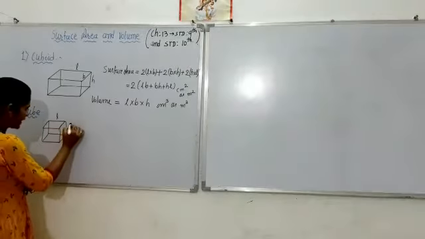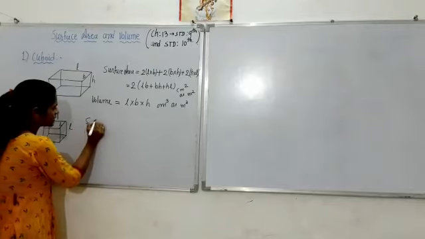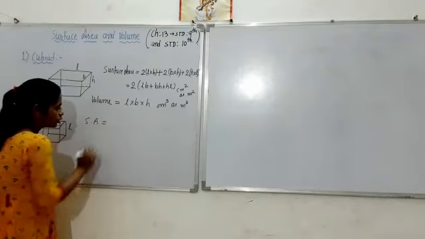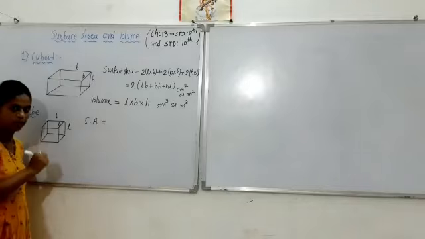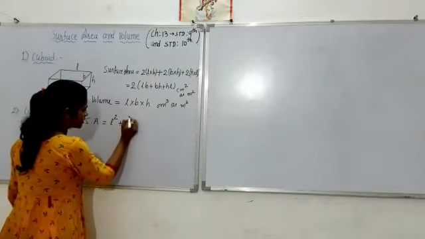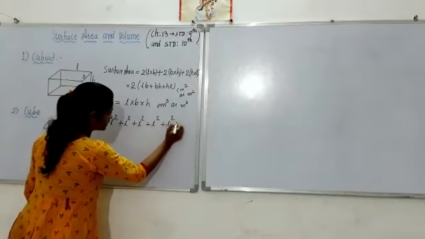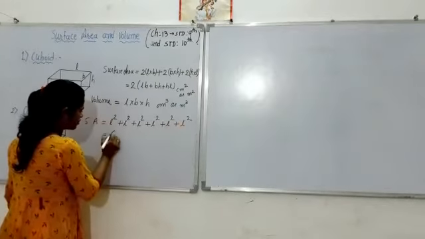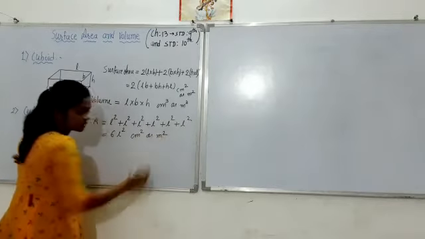This is length and this is also length. So its surface area: each face area is L square, so you have 6 times L square, that is L square plus L square plus L square plus L square plus L square plus L square. That's why you can write 6 times L square, in centimeter square or meter square.